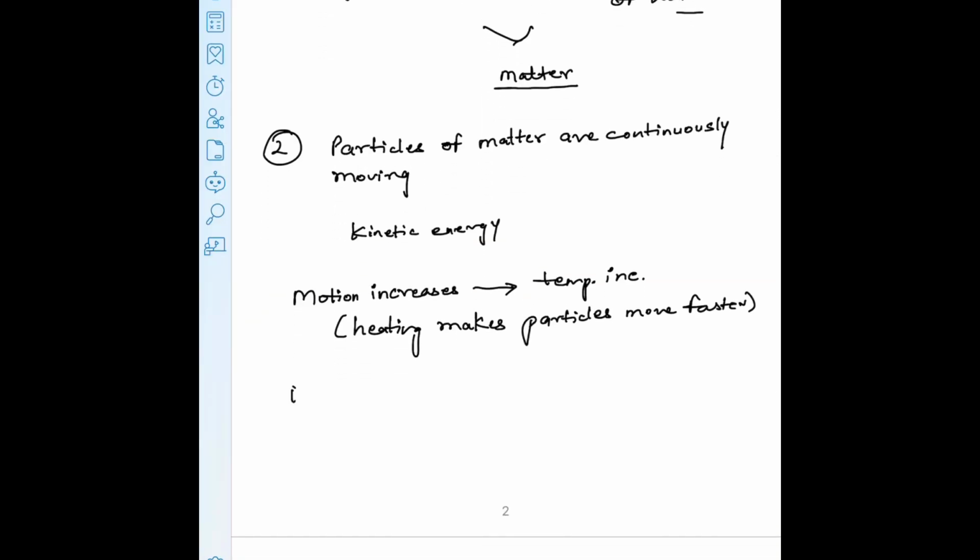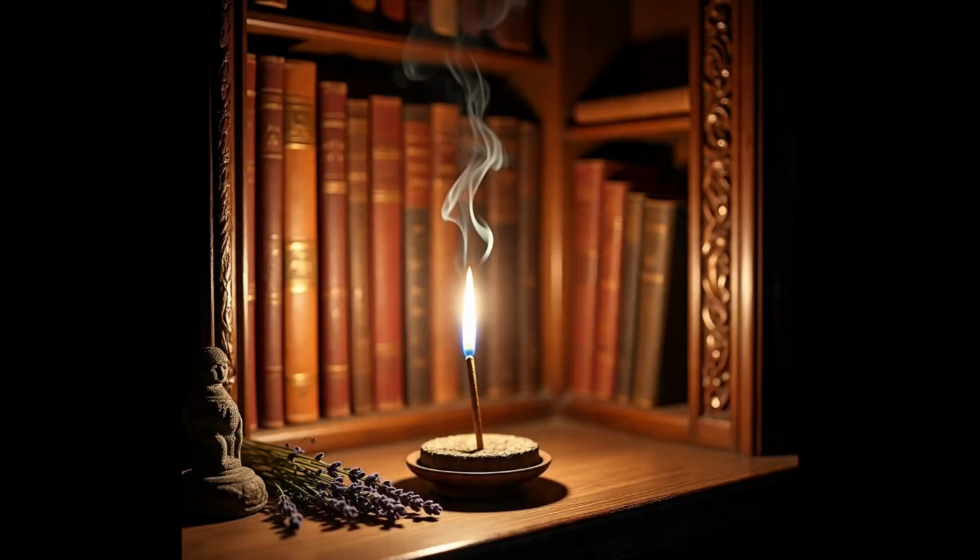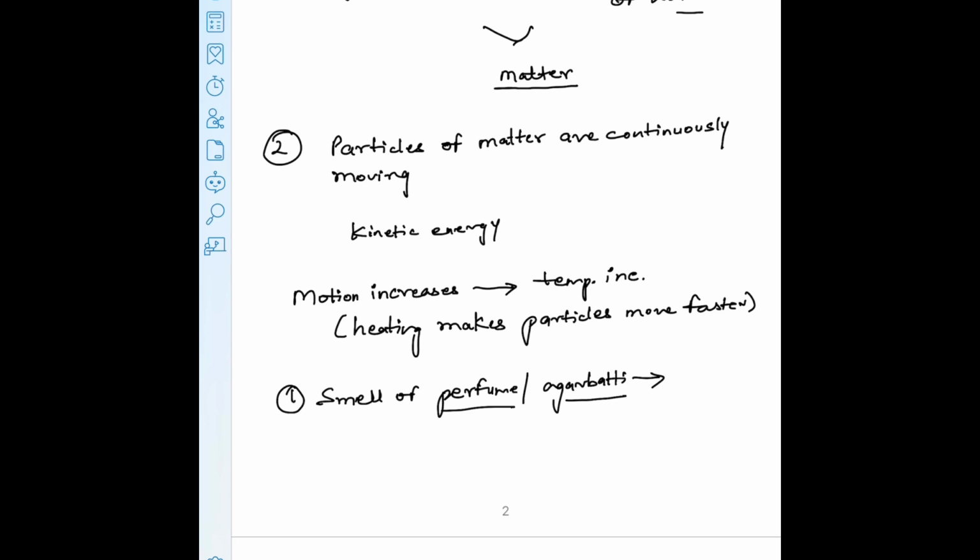Let's prove it by some examples. The smell of perfume or agarbatti. So when someone sprays perfume or lights incense in one corner of the room, its smell spreads everywhere. This happens because particles of air and perfume are moving continuously and mixed by diffusion.